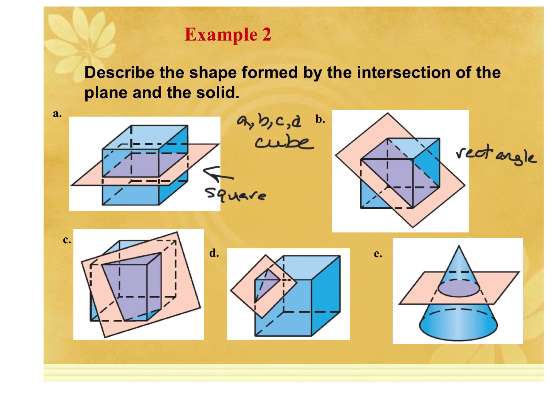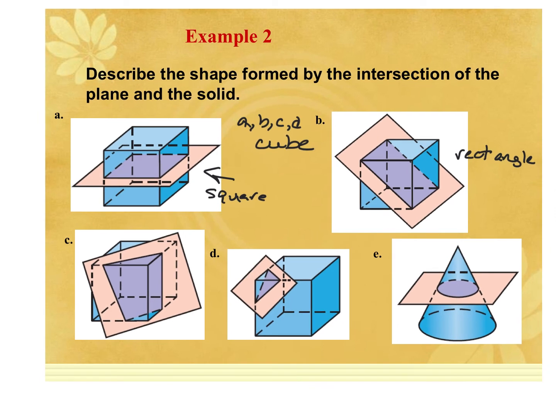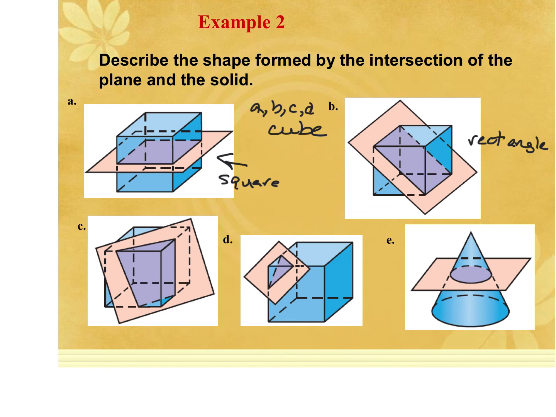And over here, again, when we're doing it diagonally on C, but not from edge to edge, this shape, if you just outline it here, is actually a trapezoid. So this would be a trapezoid cross section.